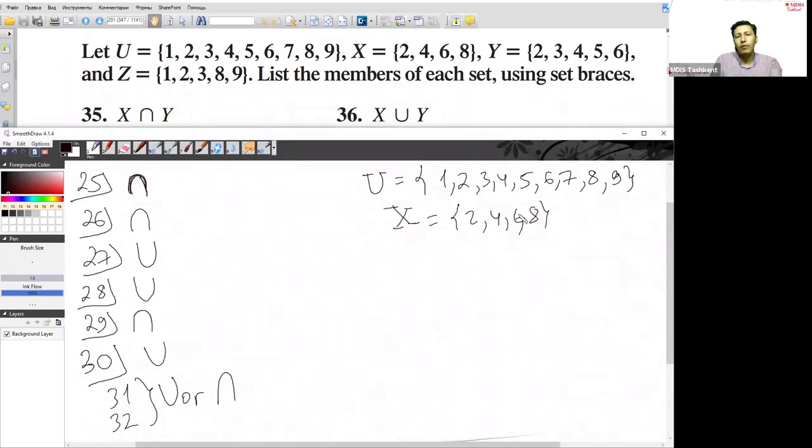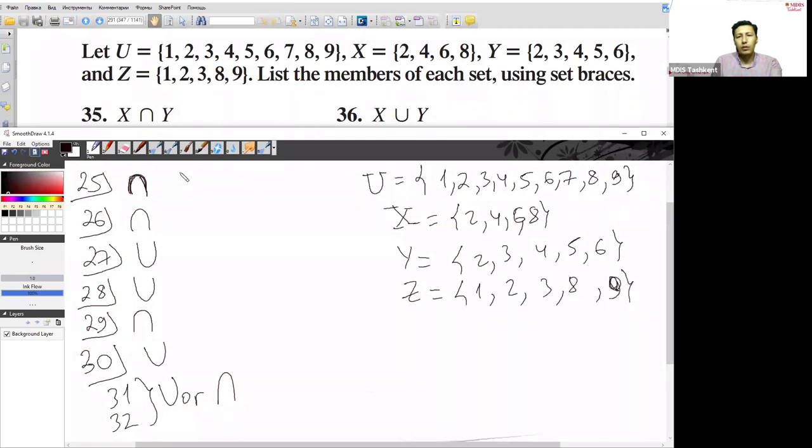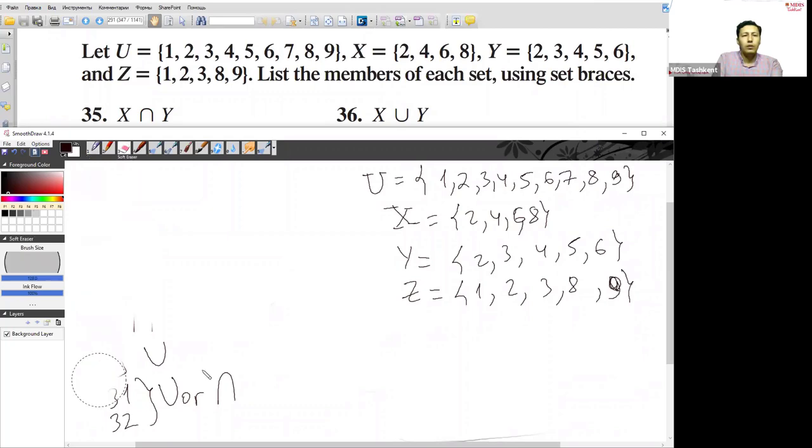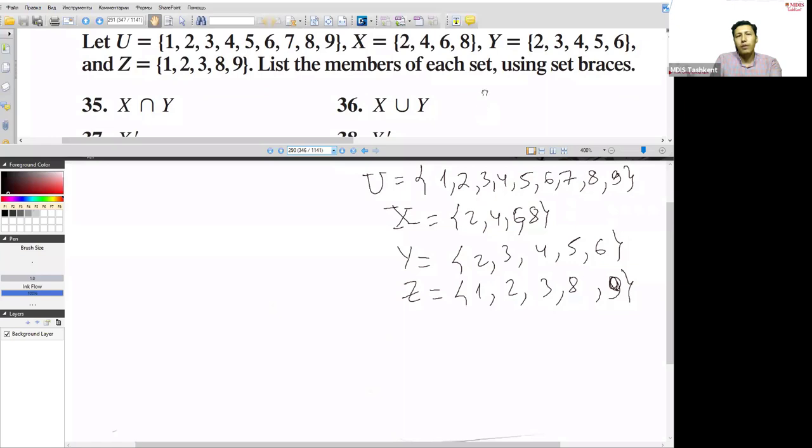You have to find intersection, union, and complement. 2, 3, 4, 5, 6. And z is 1, 2, 3, 8, and 9. So U, what is U? U is universal set, which contains all other small sets.